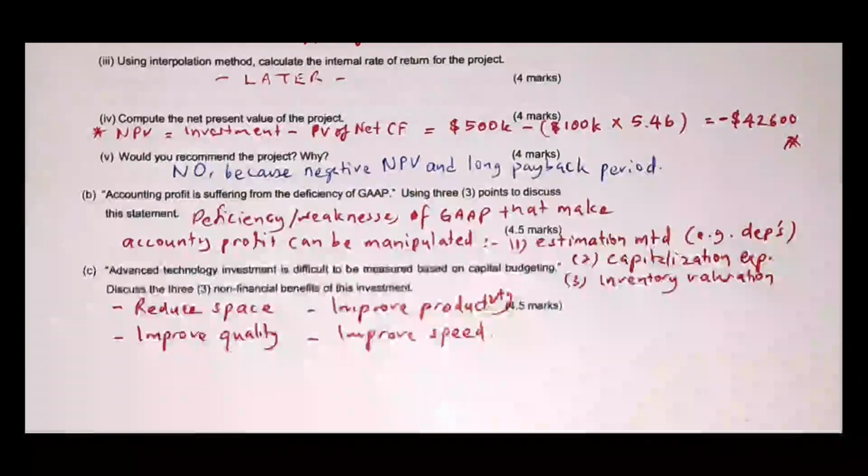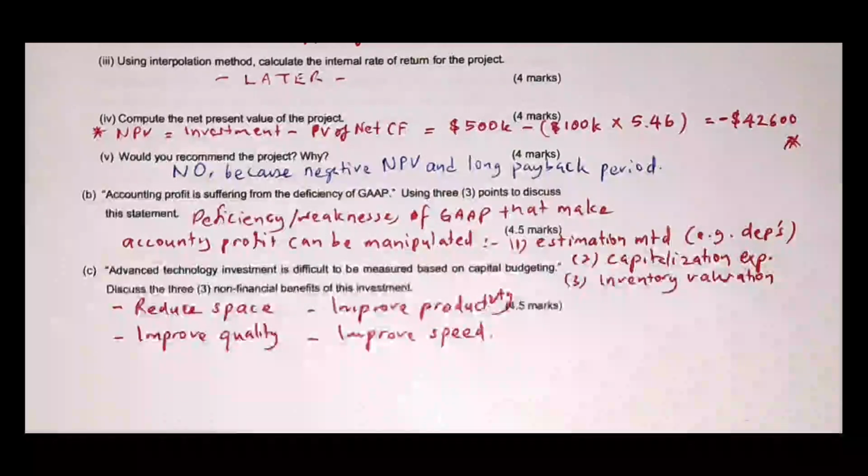Okay, the second point is maybe the investment in advanced technology is related to improved productivity. When you use advanced technology, you can produce more compared to before, compared to when you use traditional equipment, for example.